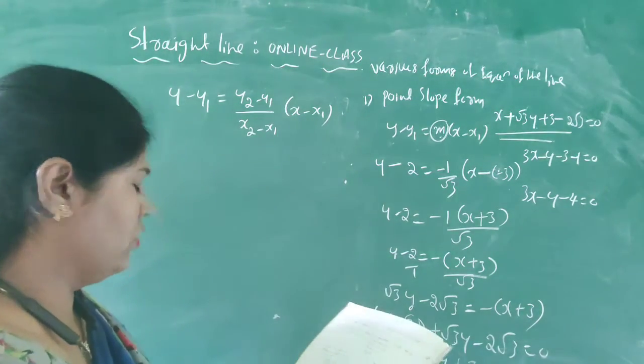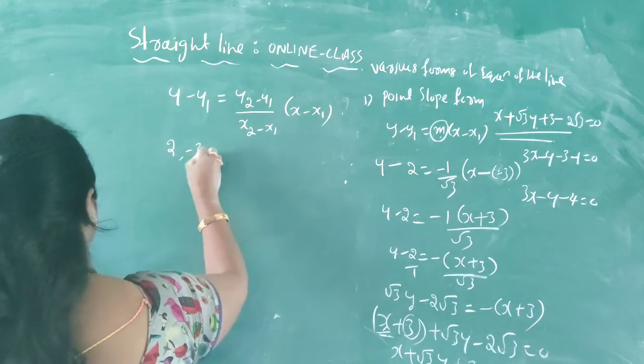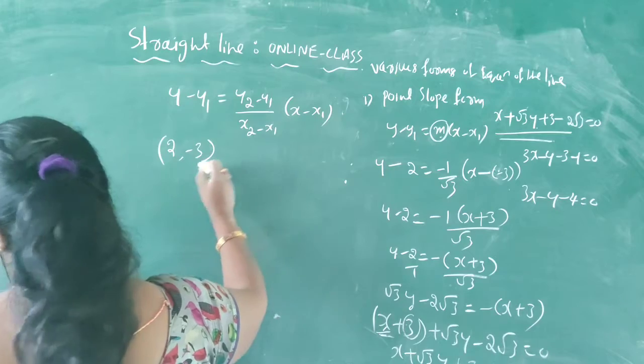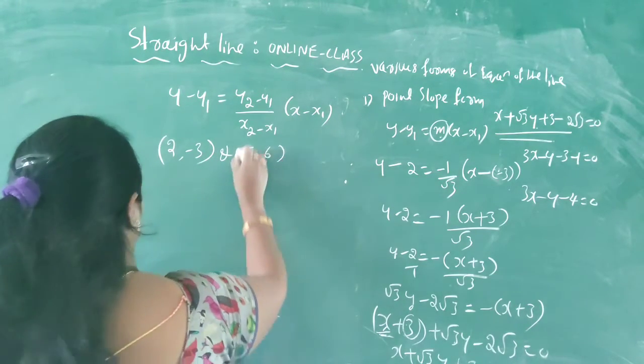We'll just write down the points: (2, -3) and (5, 6).